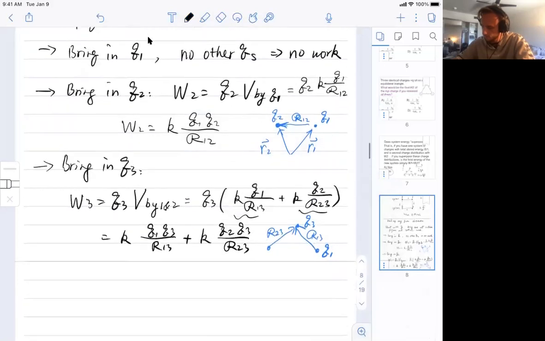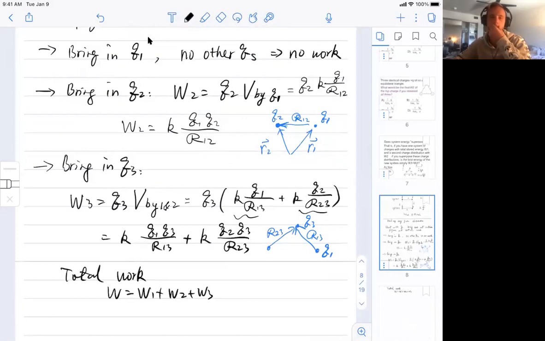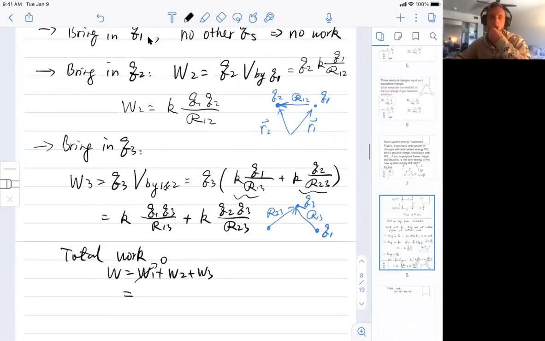So I'm only going to do 3 and then I'll generalize it to multiple ones. So the total work is the work that you have done in 3 steps. W1 plus W2 plus W3. W1 is 0, so it becomes W2 plus W3, so it becomes K Q1 Q2 over R12 plus K Q1 Q3 over R13 and K Q2 Q3 over R23.